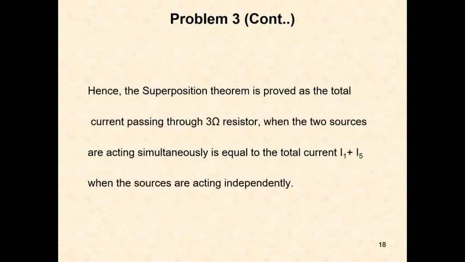So hence the superposition theorem is proved: the total current passing through the 3 ohm resistor when two sources are acting simultaneously is equal to the total current I1 plus I5 when the sources are acting independently. So this is the theorem. The theorem is solved, and I have explained this theorem with the help of 3 problems.